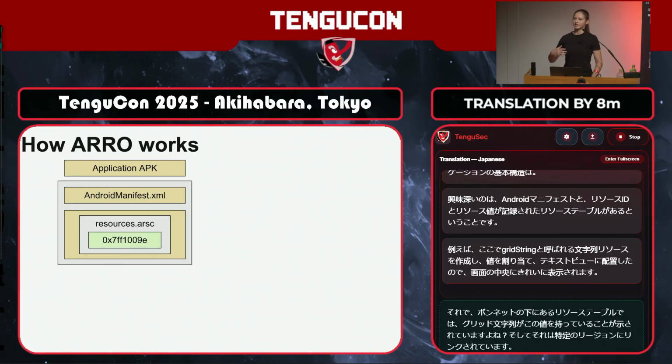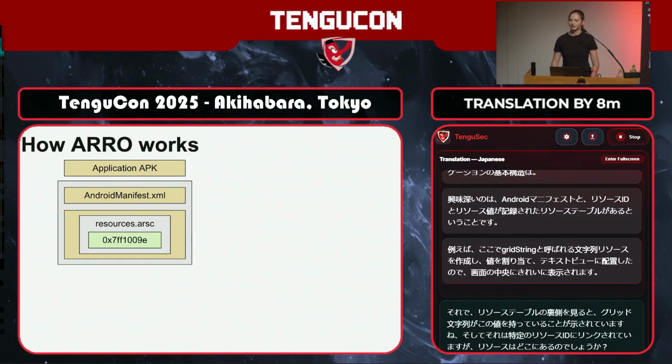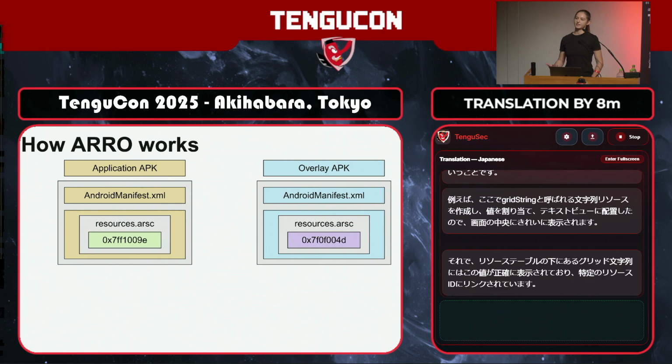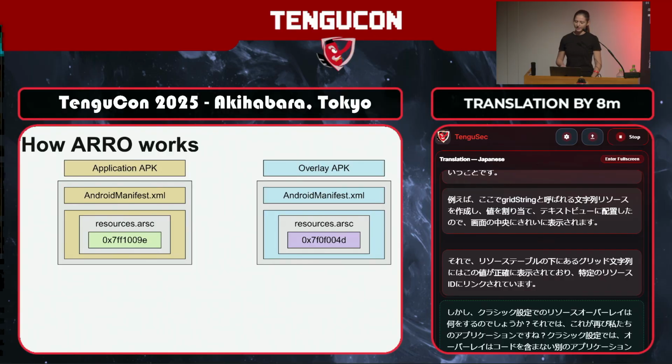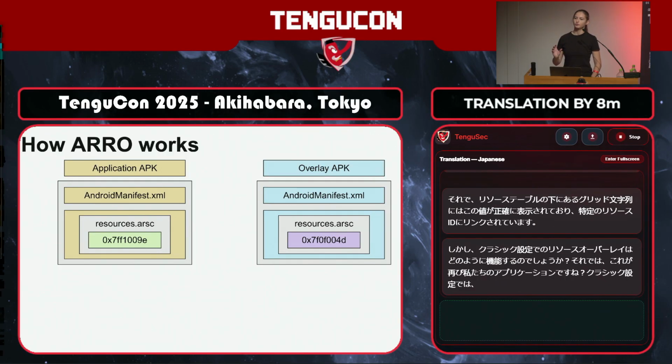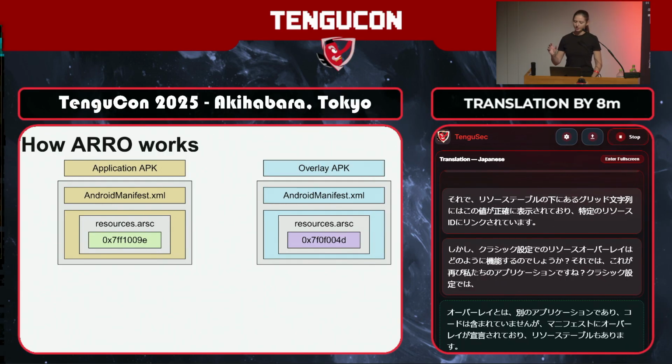But what does a resource overlay do in the classic setup? Here is our application again. In the classic setup, an overlay is a separate application that does not contain any code, but it has an overlay declared in the manifest, and it has a resource table, which has new target resource values it wants to overlay.